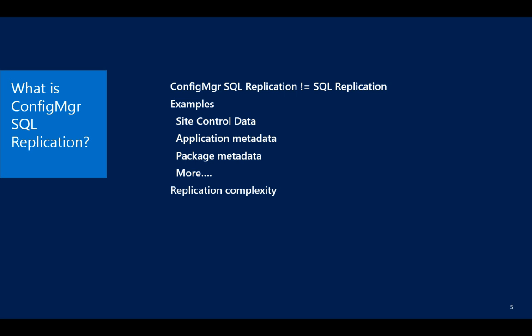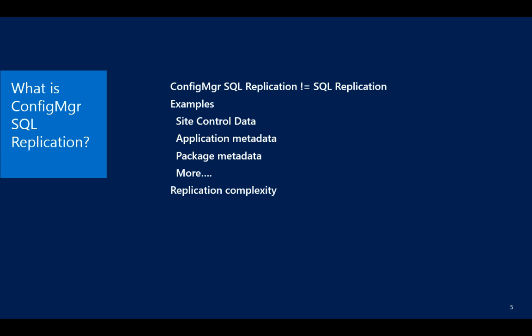The type of data that we move with Config Manager SQL Replication is pretty much everything in the system except binary content. In session 2, we walked through how data flows through a hierarchy if we're doing things like distributing software update content, the actual update files themselves, or deploying source files for a package or an application.